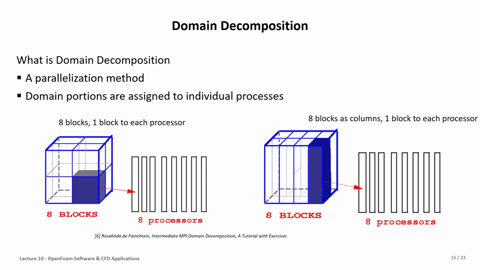As you can see in both of these examples, there are 8 blocks which are assigned to individual processors. But this decomposition of the domain is different. We can say on the left hand side we have a cube, but on the right hand side we have a column of blocks with the same domain.